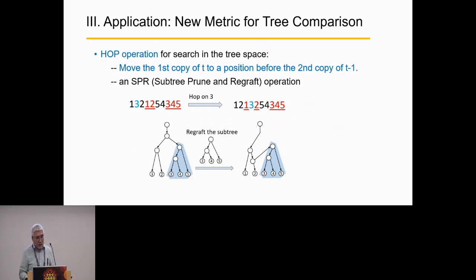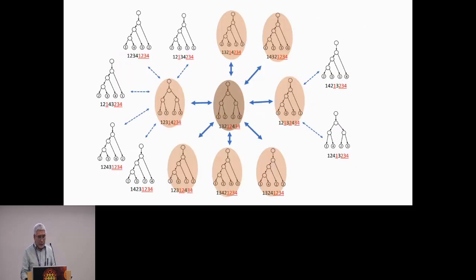In other words, this vector representation allows us to select a set of SPR operations to do the tree transformation. You see, it's quite efficient. For these 15 trees, we need at most 2 operations to reach from the middle one to every other one.